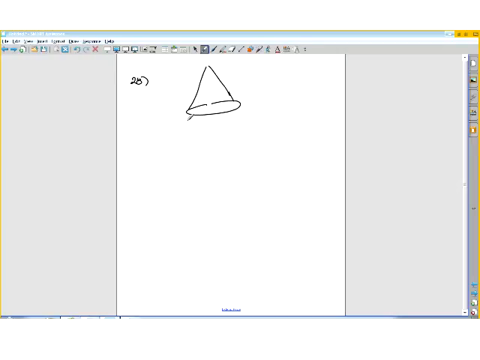I mean, not pyramid, it's a right circular cone. So the volume for a right circular cone is 1/3 pi r squared h. In this case, r is 4 inches. h is 12 inches.